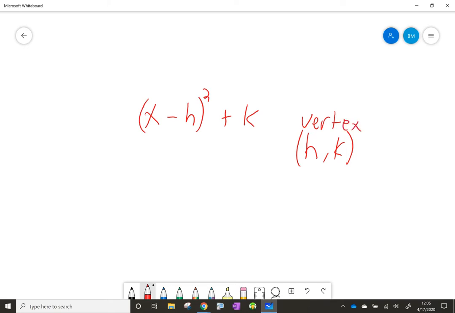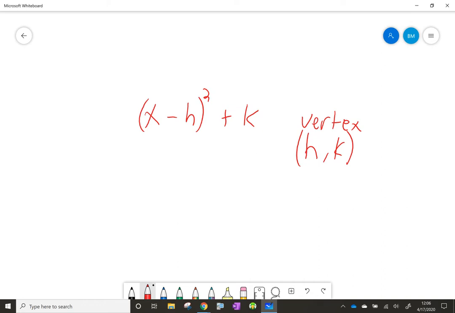So if you have vertex form written, you don't have to do any math at all to find the vertex, like we did on previous problems where we had to find the axis of symmetry, plug that value in, and then get the vertex. If it's already in vertex form, then I can see with my own two eyes the vertex inside the equation. There is no math at all to work out.